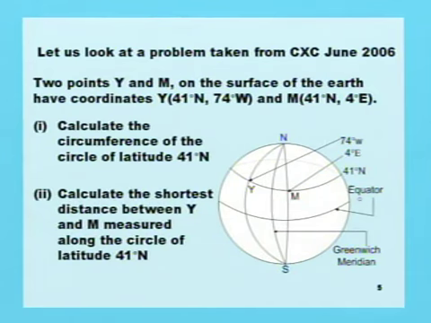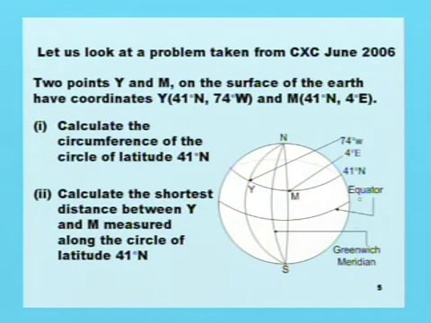Calculate the circumference of the circle at latitude 41 degrees north. Part 2. Calculate the shortest distance between Y and M measured along the circle of latitude 41 degrees north.